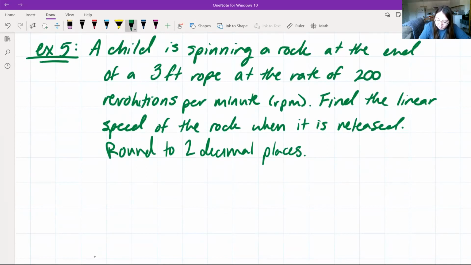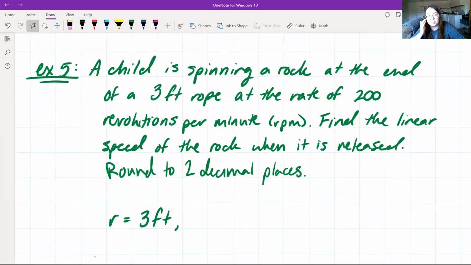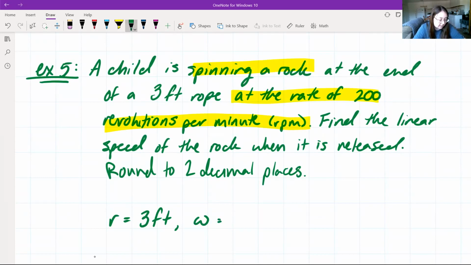To start off our problem, we have that radius is equal to 3 feet. Our angular speed is identified by spinning a rock at the rate of 200 revolutions per minute. This is our angular speed, so this is omega, and omega is 200 revolutions per minute. But remember, we want this in radians.